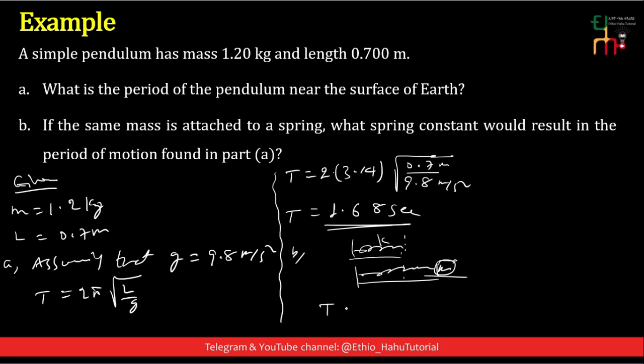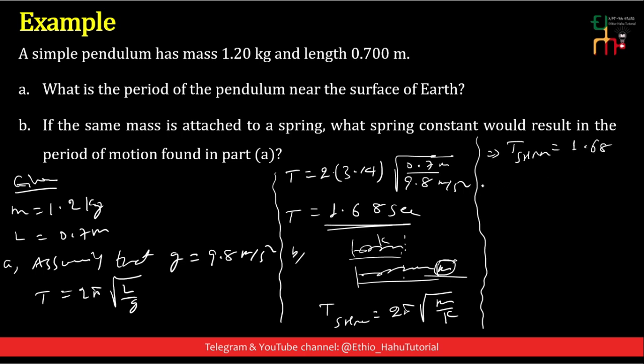The period of simple harmonic motion is equal to 2 pi the square root of m over k. This implies the period of this simple harmonic motion is the same as the period of the simple pendulum.